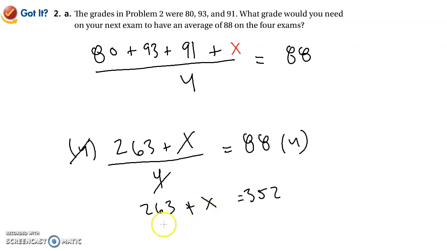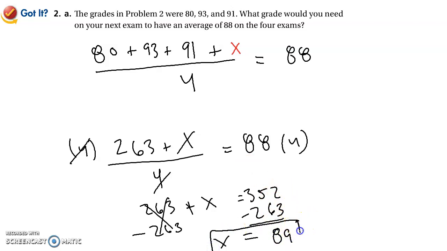All right, and I would just go ahead and subtract 263 from both sides. This cancels out, and I get x is equal to 89%.